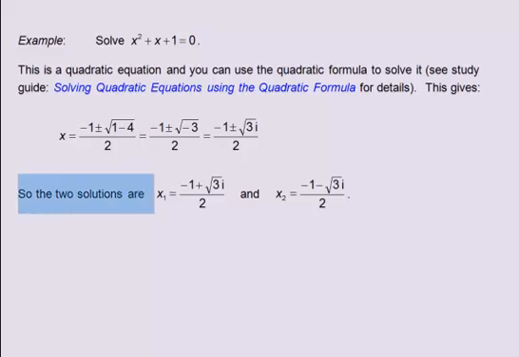So the two solutions are x1, which equals minus 1 plus the square root of 3 multiplied by i, all divided by 2, and x2, which equals minus 1 minus the square root of 3 multiplied by i, all divided by 2.